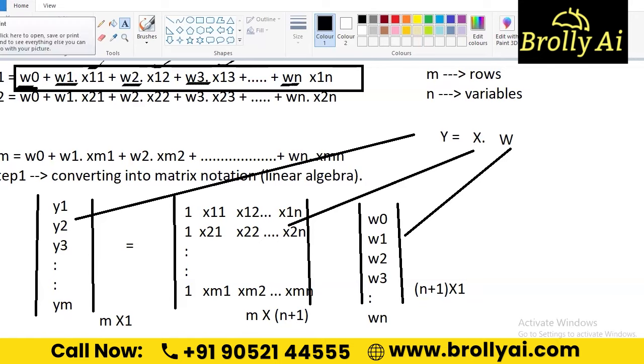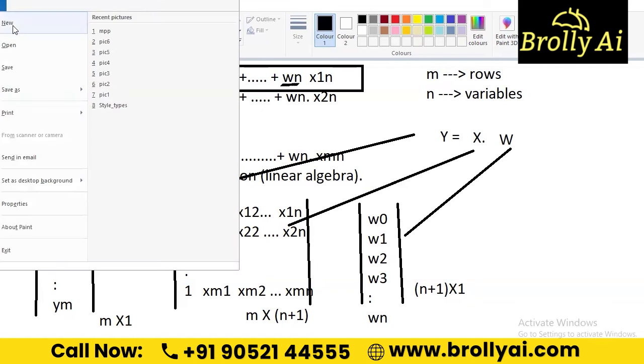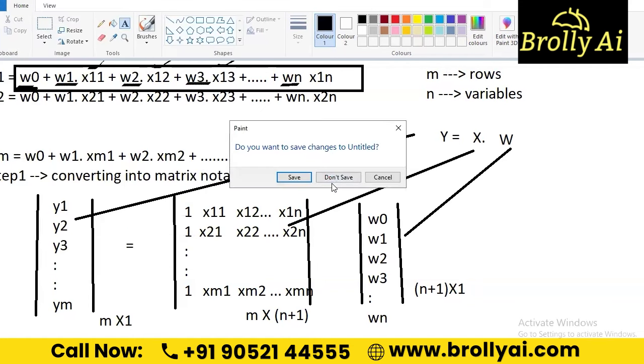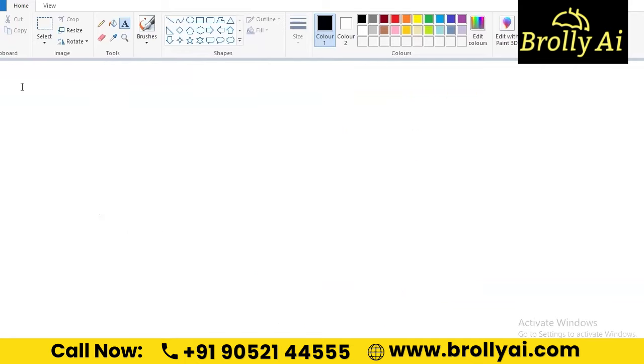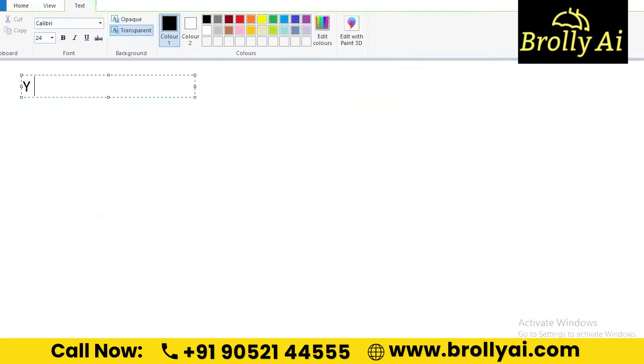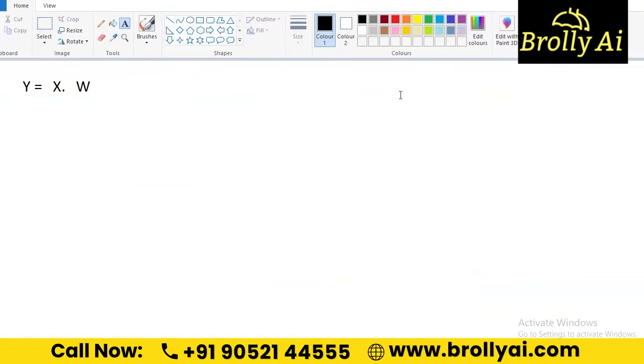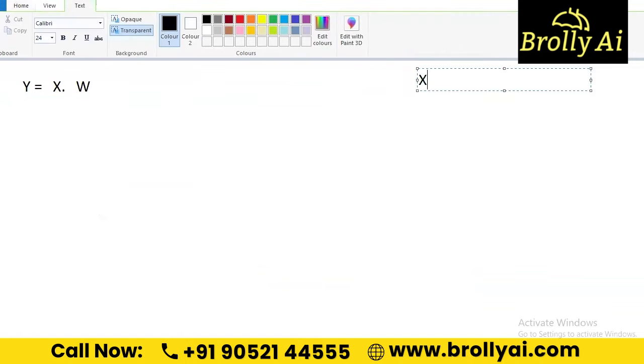Now, how to find out this W, that is the next challenge. Observe this one, Y equal to X dot W. What is the size of this X? As per previous, I have M rows, N plus 1 columns.